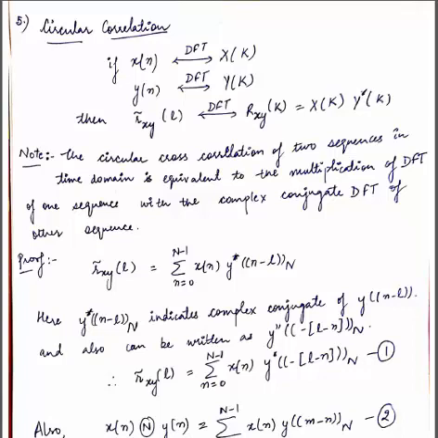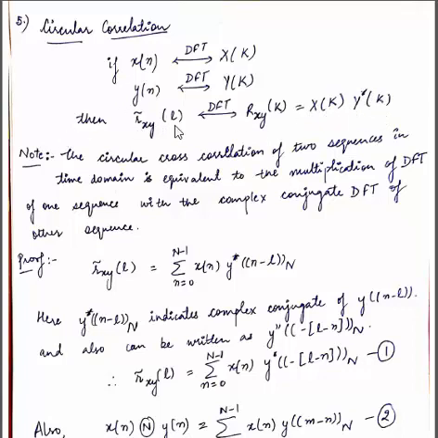Now the statement of this property is that if x of n has DFT x of k, and a second sequence y of n has DFT y of k, then the circular correlation in time domain, where l is a variable in time domain, has DFT capital Rxy of k equal to x of k into y conjugate k.